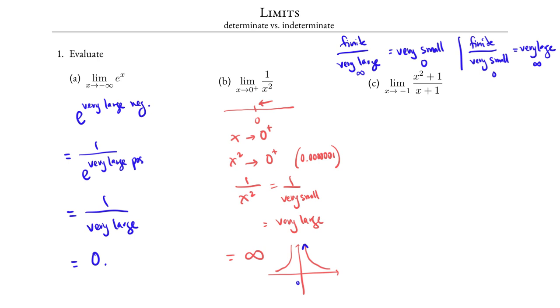For part C, the limit as x goes to negative 1 of x squared plus 1 over x plus 1. As x goes to negative 1, x squared would go to positive 1 because negative 1 squared is positive 1. But in the denominator, as x goes to negative 1, then x plus 1 would go to 0.